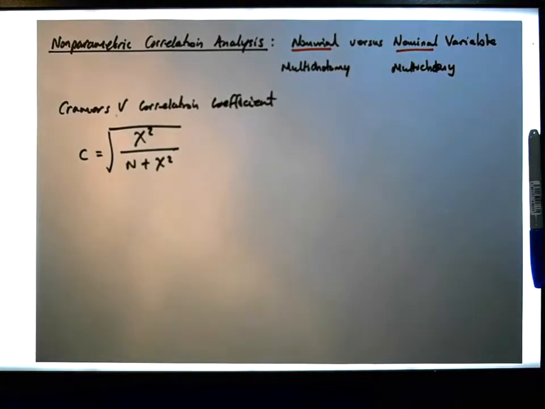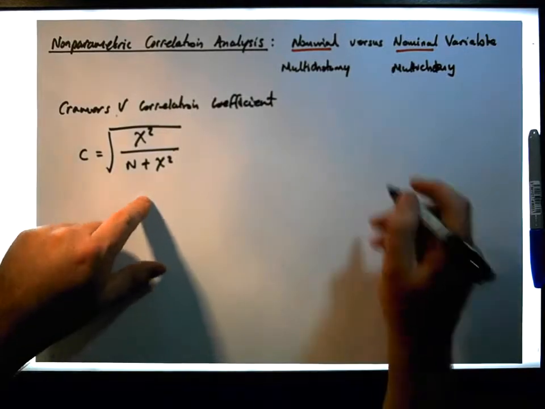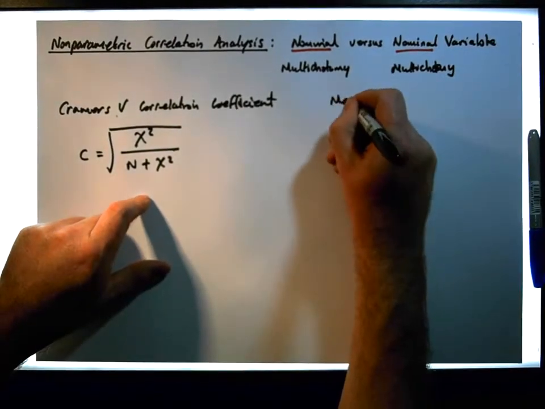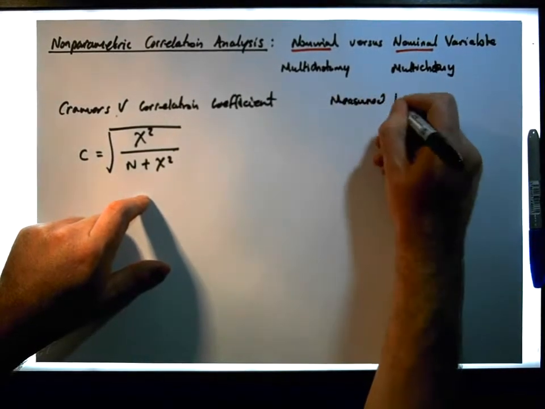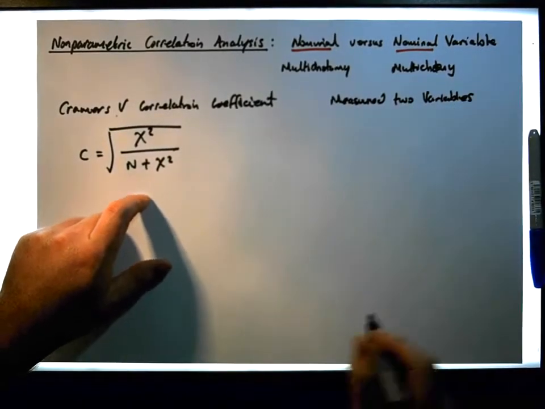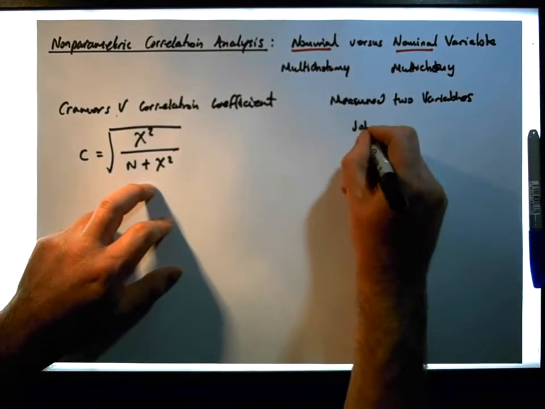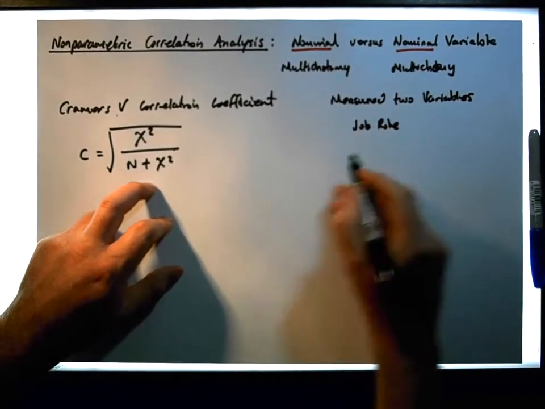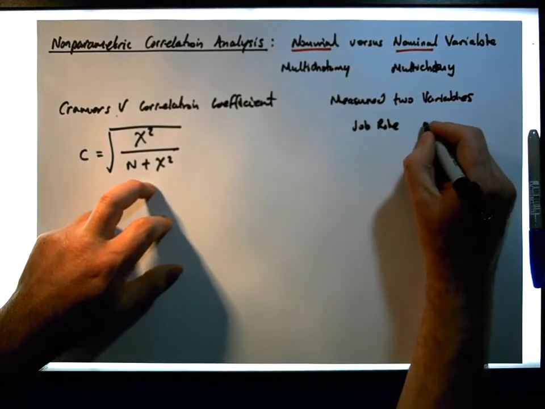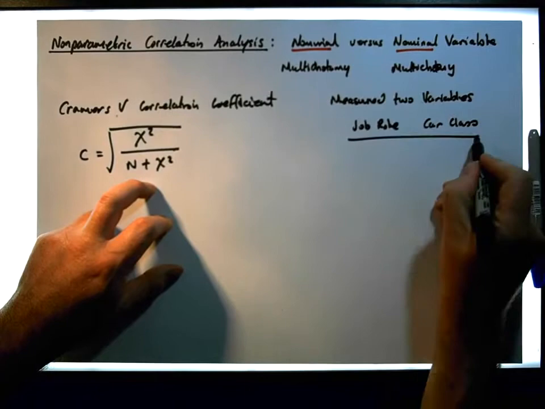So let's have a look at an example. Let's say that we measured two variables. The first variable is job role, and the second variable is car class, the type of car that you drive, just for argument's sake.